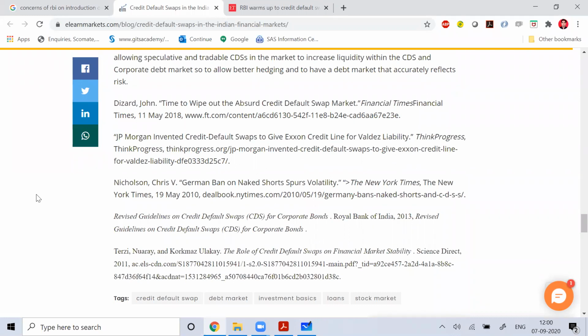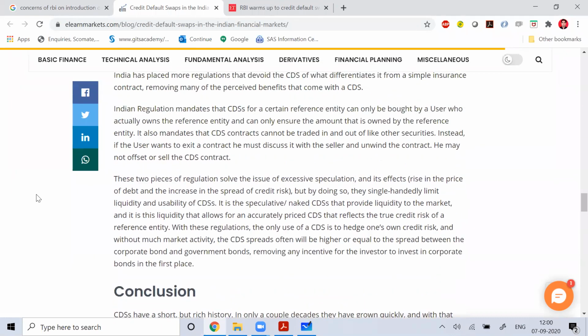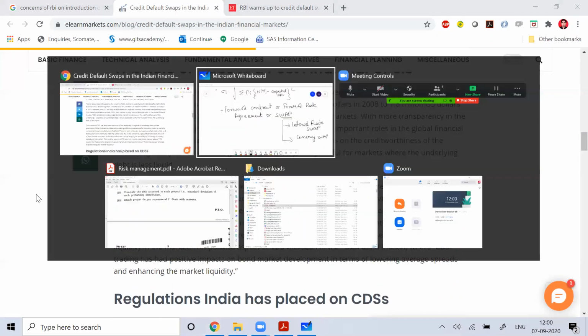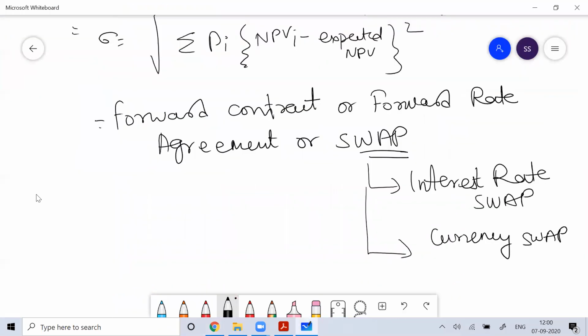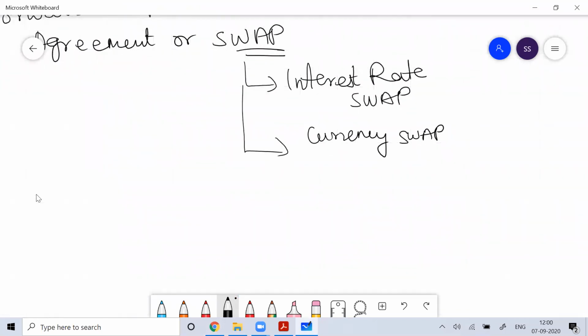What kind of likely outcome can CDS have on the Indian financial market? CDS is basically a credit derivative instrument. Try to get more information about CDS, and you'll understand more about the 2008 US subprime crisis.